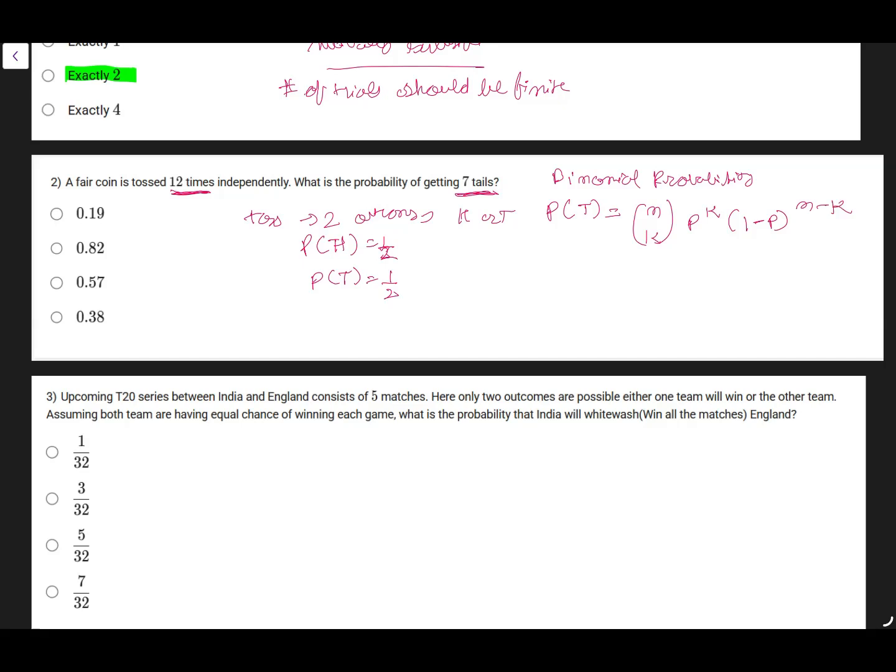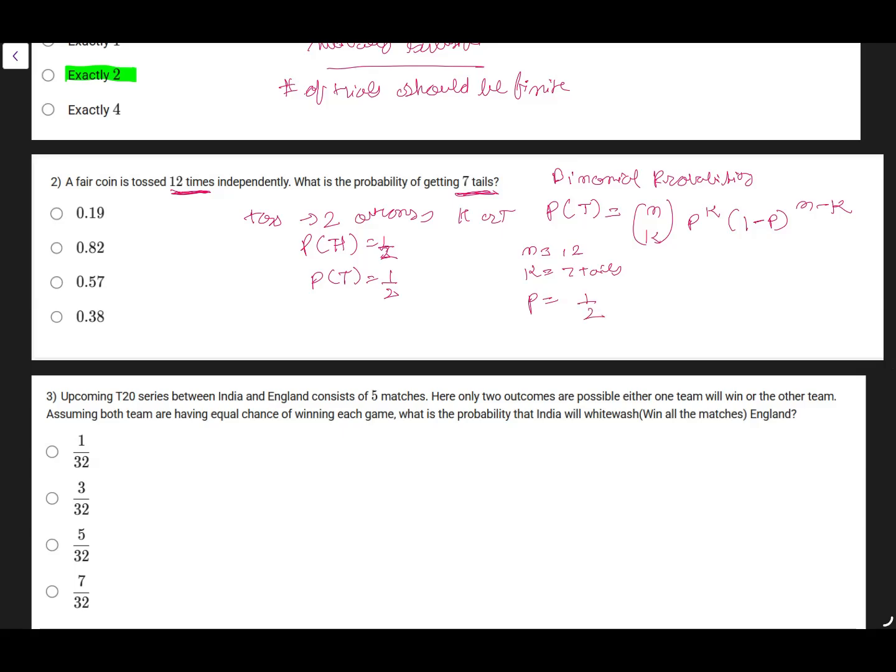I'll explain. n here is the number of tosses. As I said, this has to be a finite number. Here we have a finite number, 12. k is the desired event outcome we want. The desired outcome is 7 tails out of 12 events. Then p, the probability of success, is half.